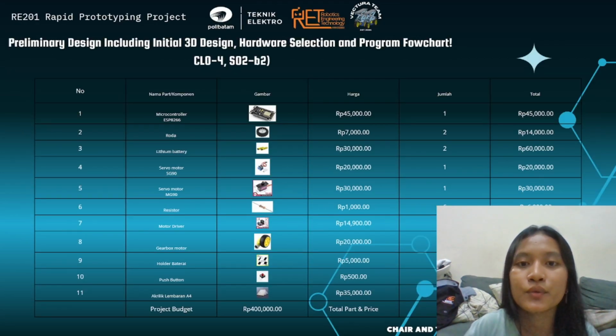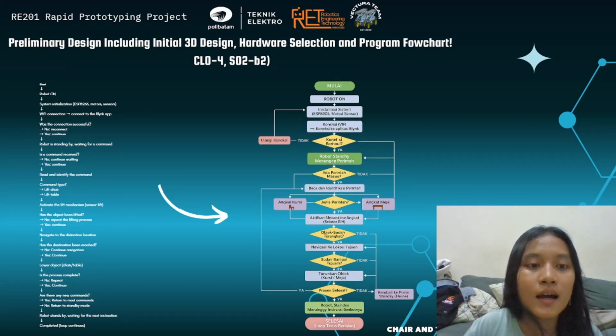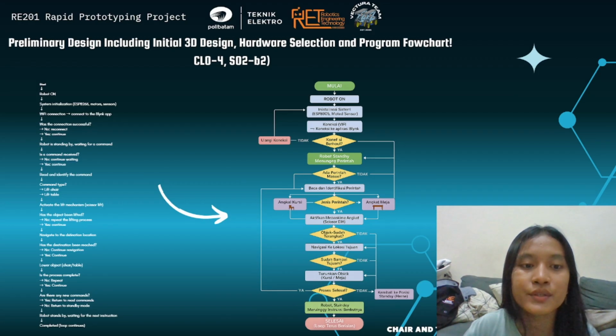This is the hardware selection and program flowchart. In this preliminary design review, we present the program flowchart of our chair and table transporter robot. The robot starts by initializing the ESP8266, motors, and sensors, then connects to Wi-Fi and the Blynk application.